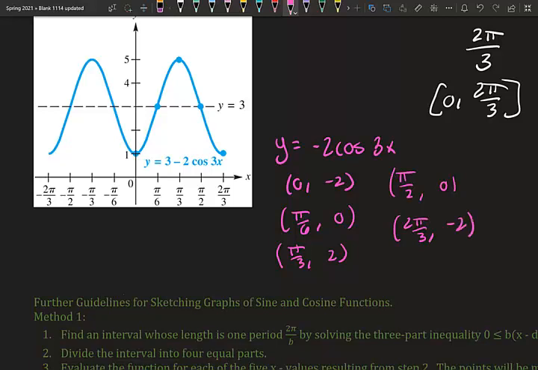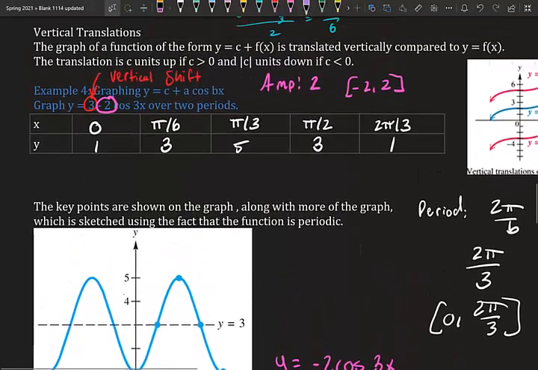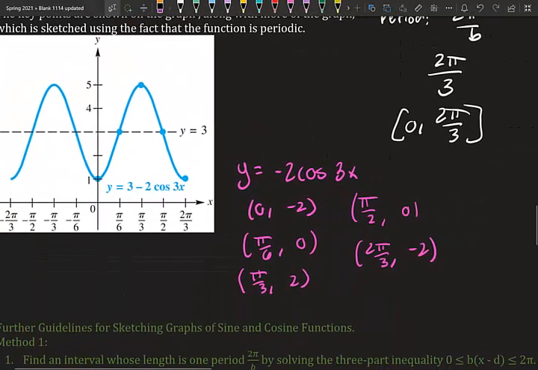Then from there, we would shift every y value by 3 units. So we would take every y value and add 3. So if we added 3, that's how we got the 1.